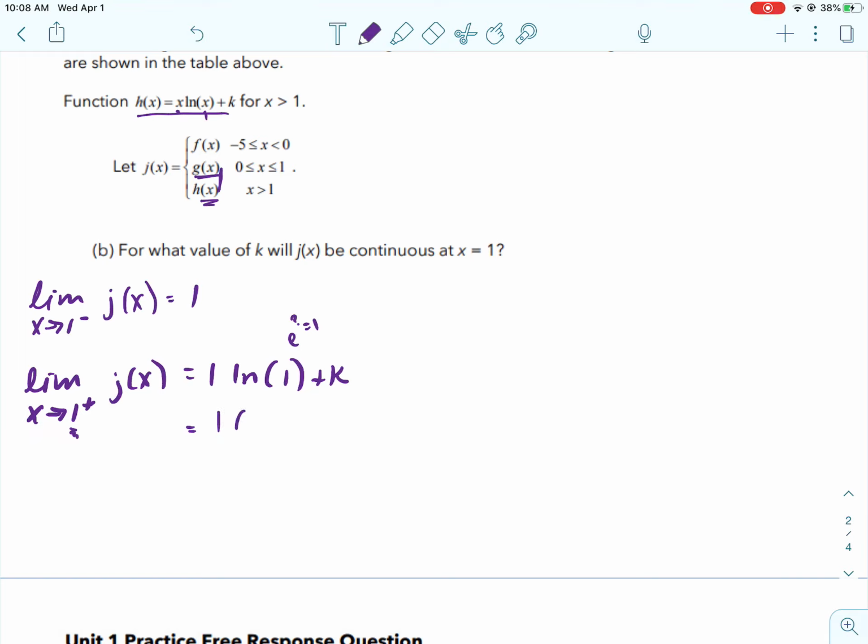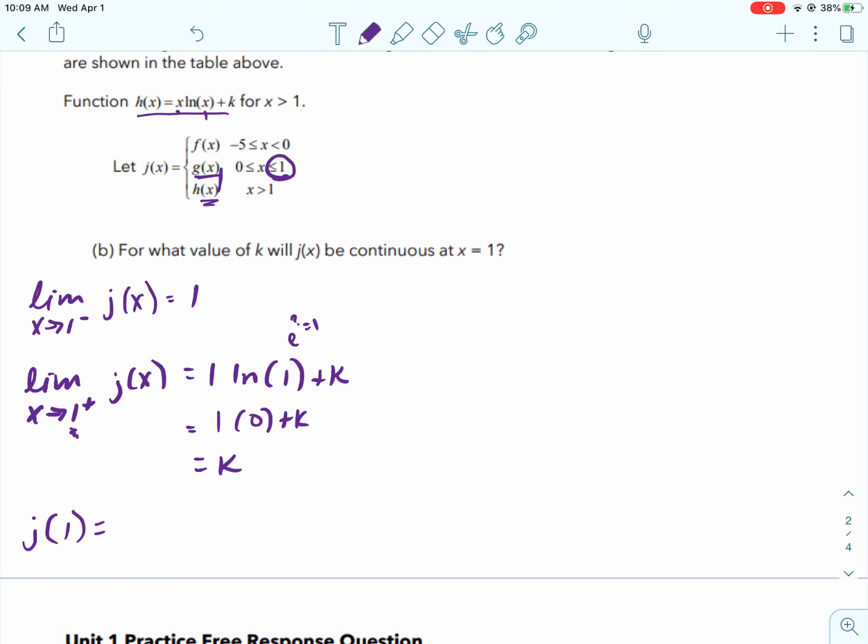All right. And then the natural log of 1 is like asking yourself e to what power gives you 1. So that is going to be 0. So this is 1 times 0 plus k, or just k. All right, so when x is 1, this function just has the value of whatever that k is.